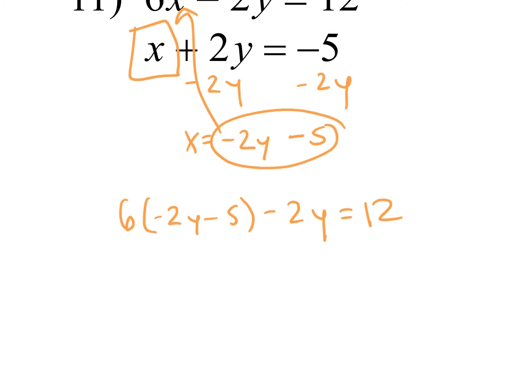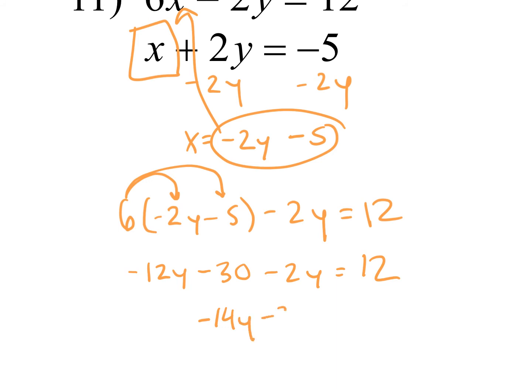What should I do next? Distribute. So this would be negative 12y minus 30 minus 2y is equal to 12. What should I do next? Combine like terms. What's negative 12y minus 2y?